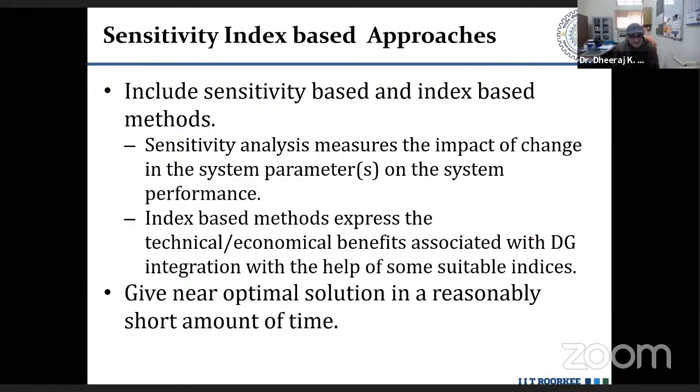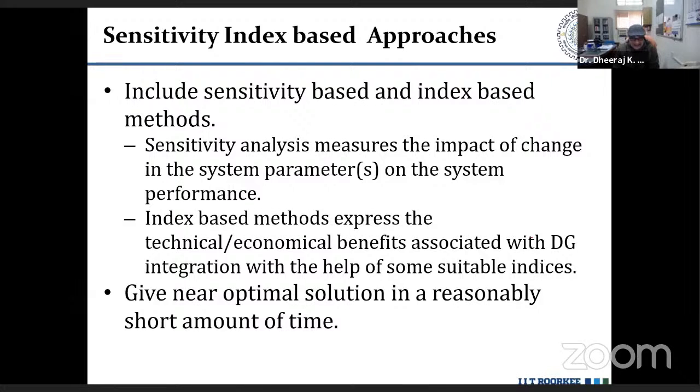Index based methods are quite effective. They can tell us about the optimal location, or can be used to reduce the search space.